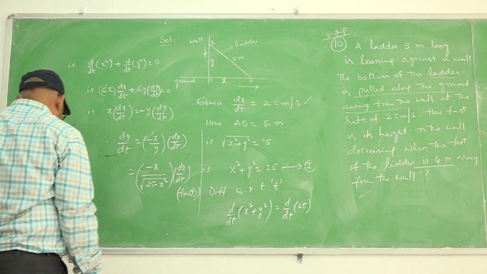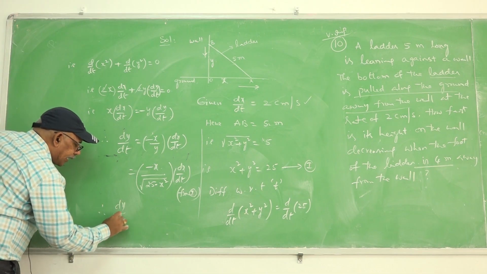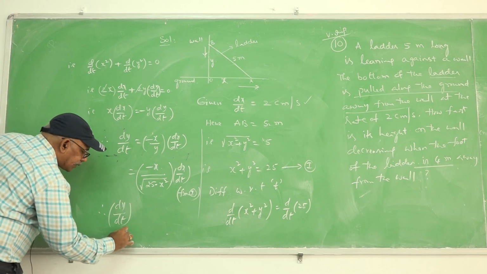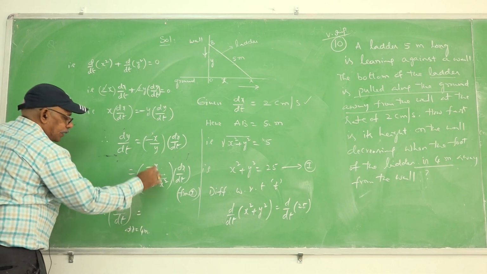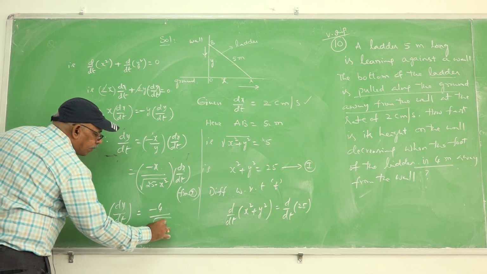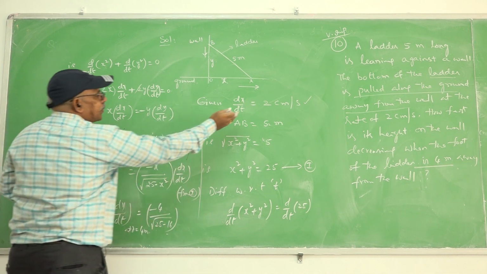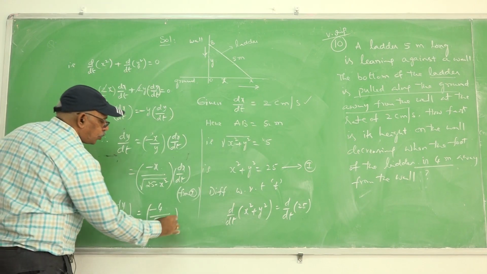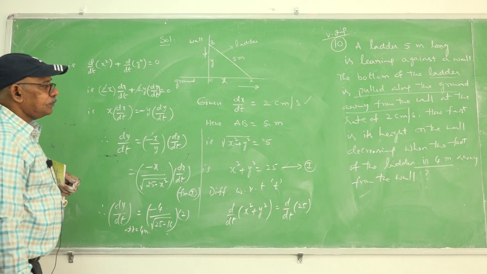So, at the instant x equals 4 meters, this is minus 4 by under root of 25 minus 4 square, which is 16, into dx by dt. Dx by dt is already given as 2 centimeters per second.